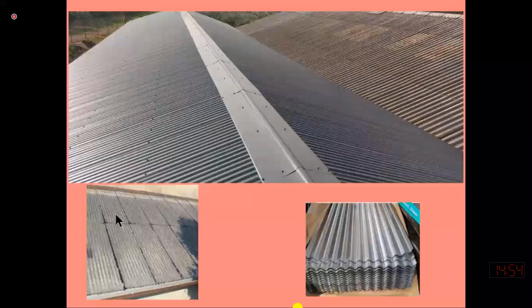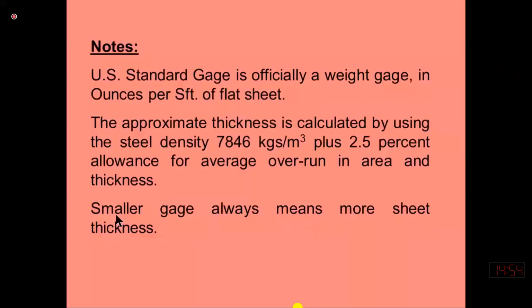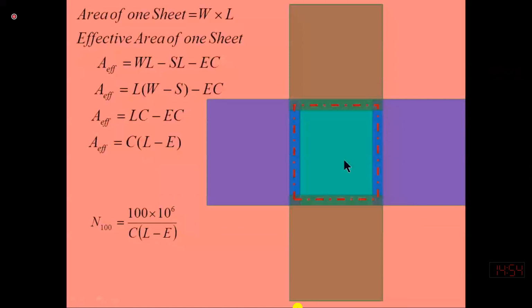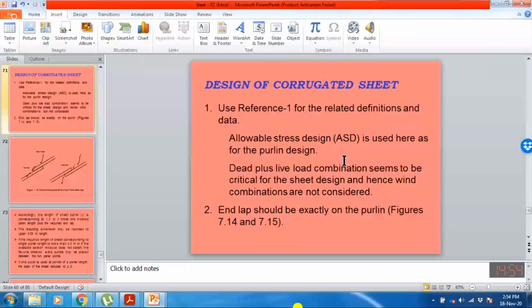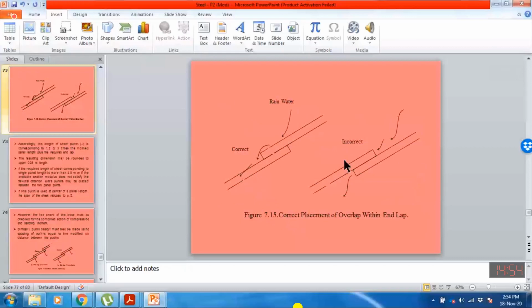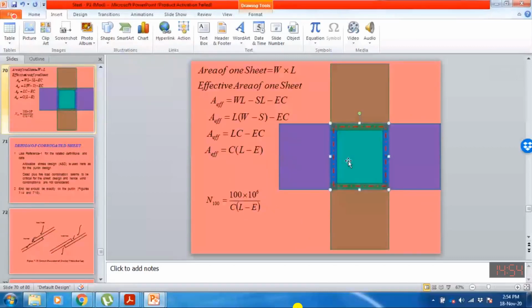So here I would like to explain. For your clarity, just assume that this is the one sheet that I am supposed to provide here in the center. The other sheets are provided on the sides, one sheet is provided on the top, and one sheet is provided on the bottom.